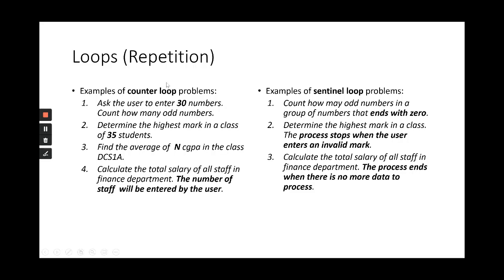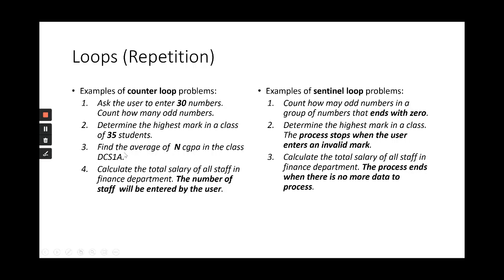So we look at some examples of counter loops and sentinel loops. First is the counter loop. Ask the user to enter 30 numbers, and then count how many odd numbers. Here we already give the number, which is 30. Number 2, determine the highest mark in a class of 35 students. The number of students is 35.